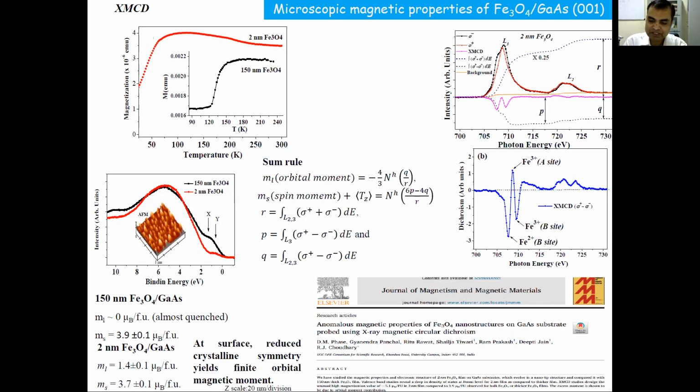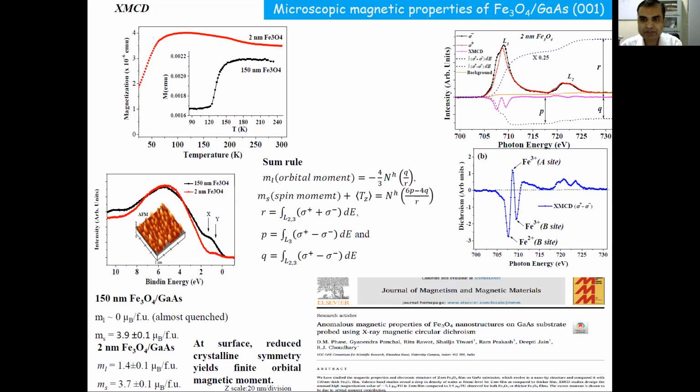As the surface contribution keeps increasing, the role of the crystal field keeps decreasing, and therefore the orbital moment is also available to contribute. So this again gives us information about how the spin part and the orbital part contribute to the overall magnetization of a given system.